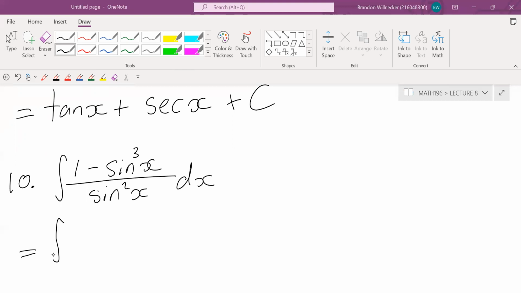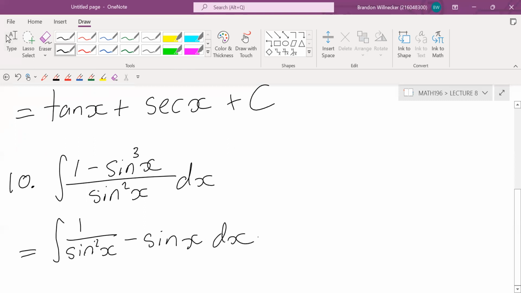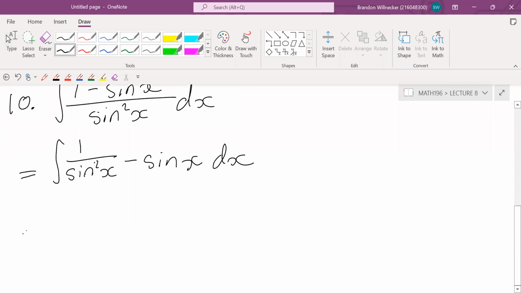So for the first bit, we're going to get 1 over sine squared of x. And for the second bit, we're going to get sine cubed divided by sine squared, so there's going to be a sine of x left over. Now 1 over sine squared, we've got another trig function that represents that, the reciprocal trig functions.